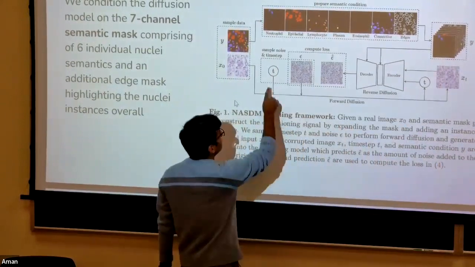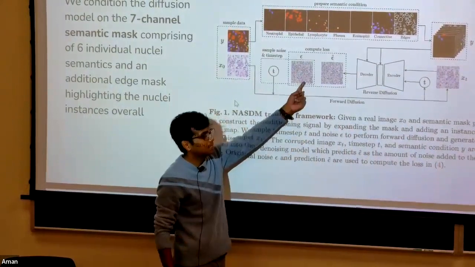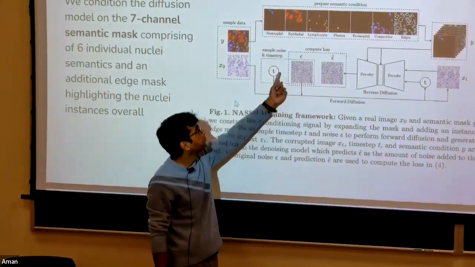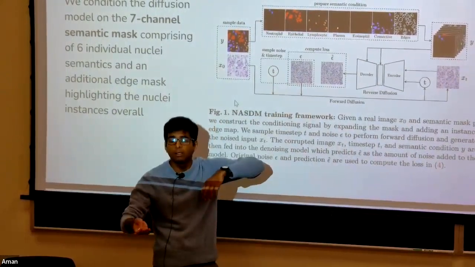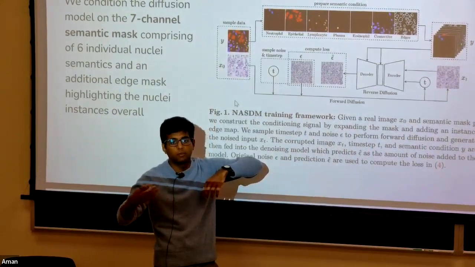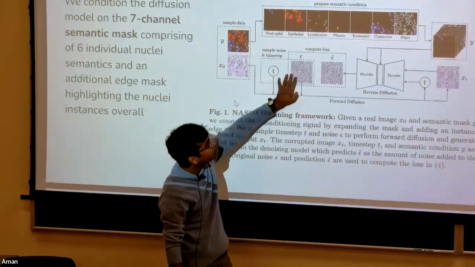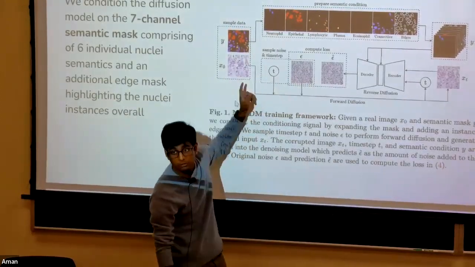You then sample a time step and some noise, right? This noise is sampled from a 0-1 normal distribution, it's just random noise. This time step is uniformly sampled between 0 and capital T. And capital T is the number of diffusion steps you're using to train a model like this. Once you sample both of these, you can then use the forward diffusion to noise this image, right?